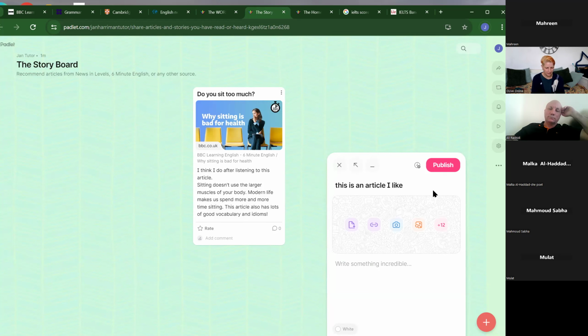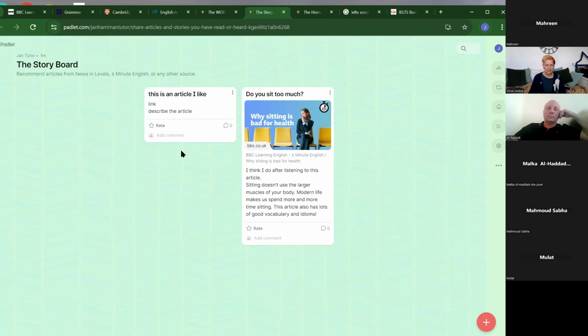You tab down and then you can add the link to the article and describe the article. Then when you press publish, up it goes onto the board. This one is an example.